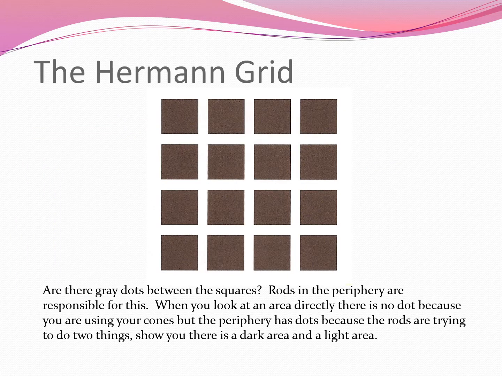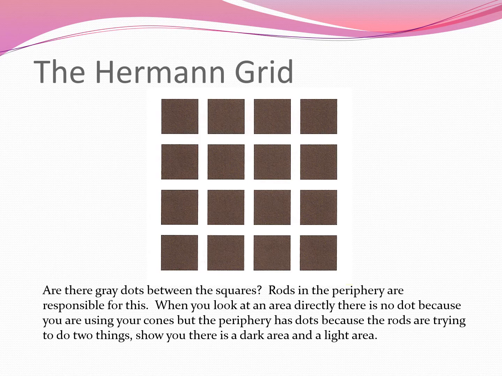The Hermann grid. All right, if you stare at it, just stare at the grids for a second. Do you see gray dots in between the squares? You should. Now, there aren't really gray dots there, but the rods in the periphery are responsible for this. When you look at an area directly, there's no dot because you are using your cones. Remember, your cones allow you to see color. But the periphery has dots because the rods are trying to do two things at once, show you that there's a dark spot and a light spot.